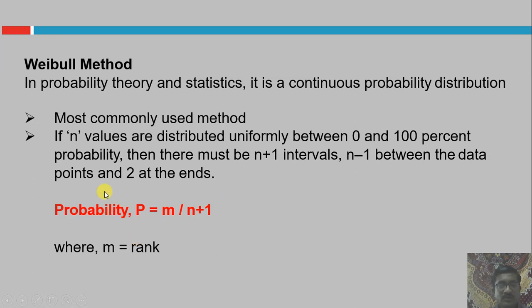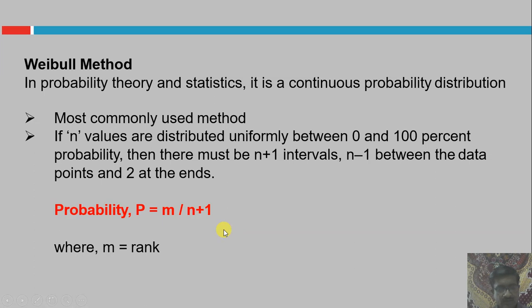The probability P is equal to m divided by n plus 1. Many books use m as a capital letter as well. Here m is the rank, which is nothing but the order number of the event, and n is the total number of events in the data.